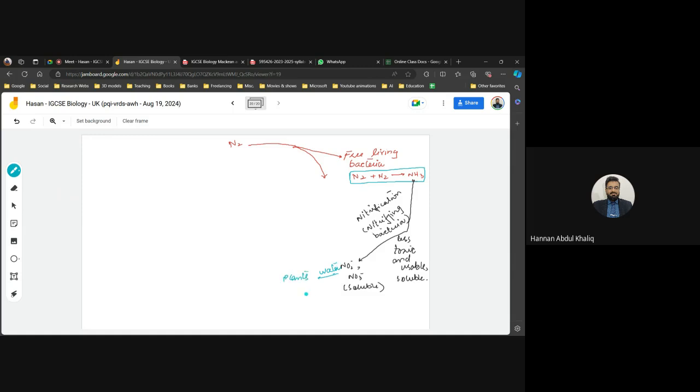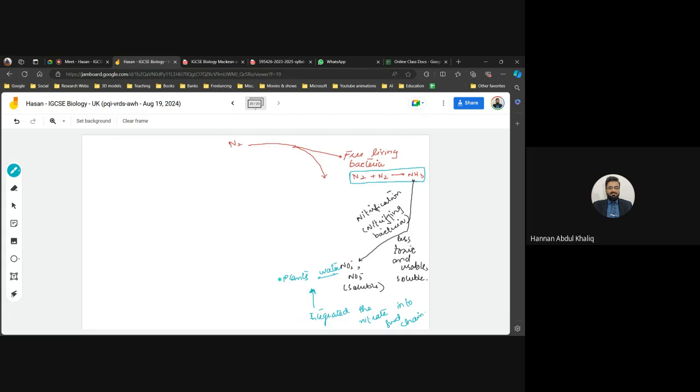It means that at this step you have integrated the nitrate into the food chain.